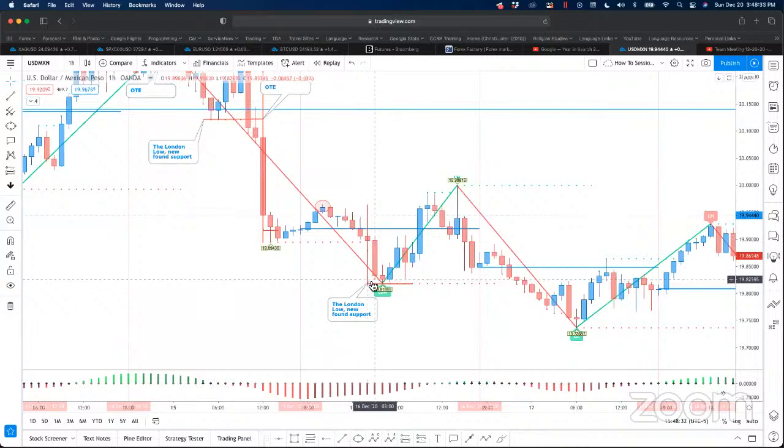But at London, when the market brought in a new set of traders, with the volume of traders increasing, it gave us a low for the day right here. So if this low continues to hold, which it did throughout the London session, we get to our New York trading session. On the opening of pre-New York, we would have had an opportunity to take an optimal trade entry for a buy in this area right here.